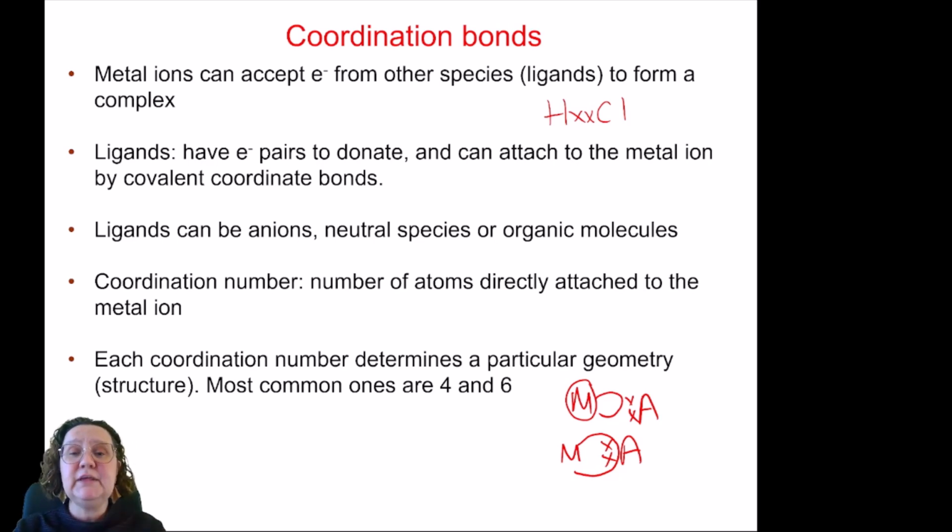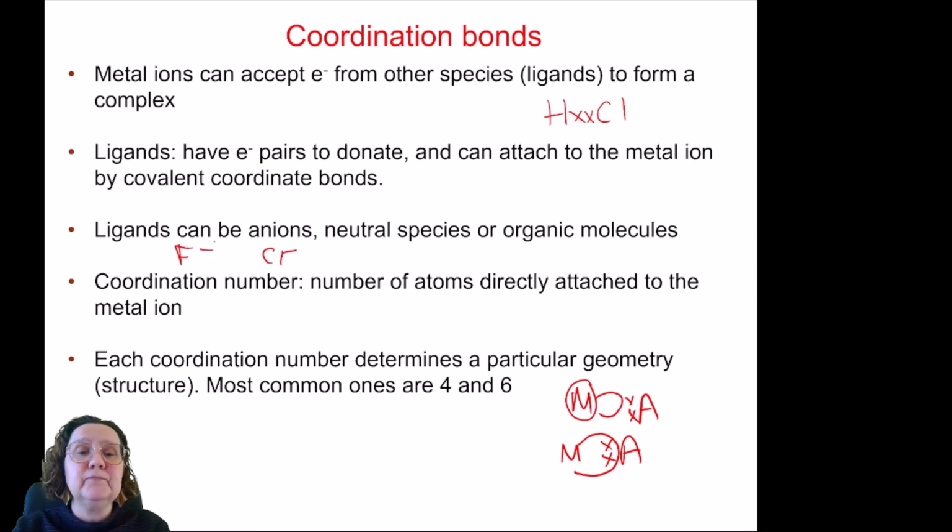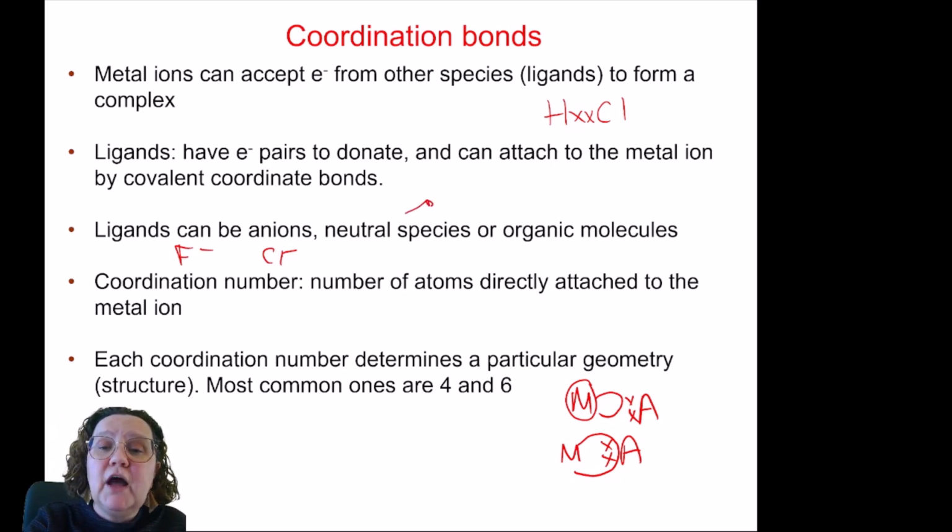Ligands can be anions, for example a chloride or a fluoride anion, or an organic molecule, or a neutral species, for example H2O, the molecule of water, or the molecule of ammonia.